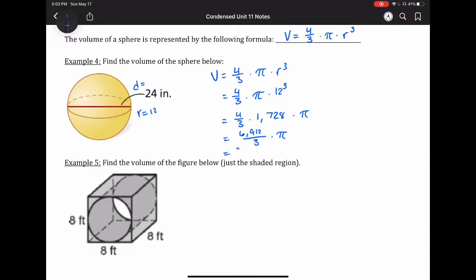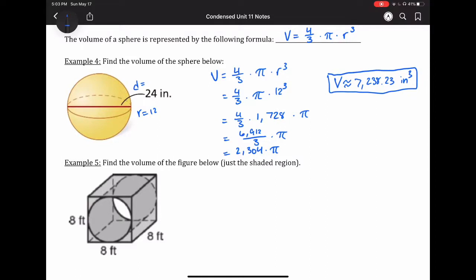It ends up with 2,304 times pi. That's not always going to work out. If that's the case, just give me 2 decimal points and then we'll move from there. When you multiply by pi, that gives you a total volume of approximately 7,238 and 23 hundredths inches cubed.